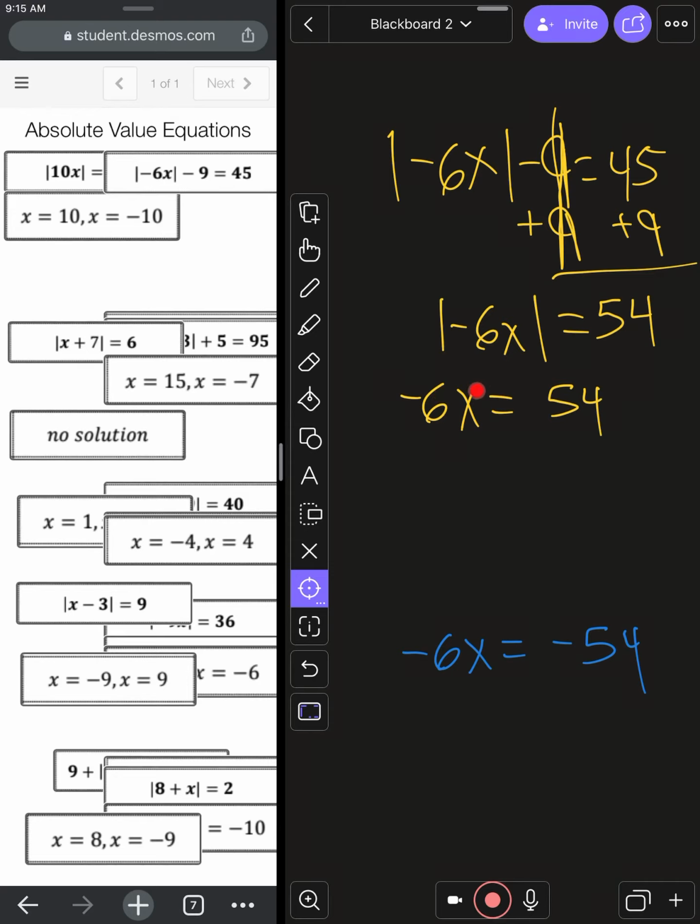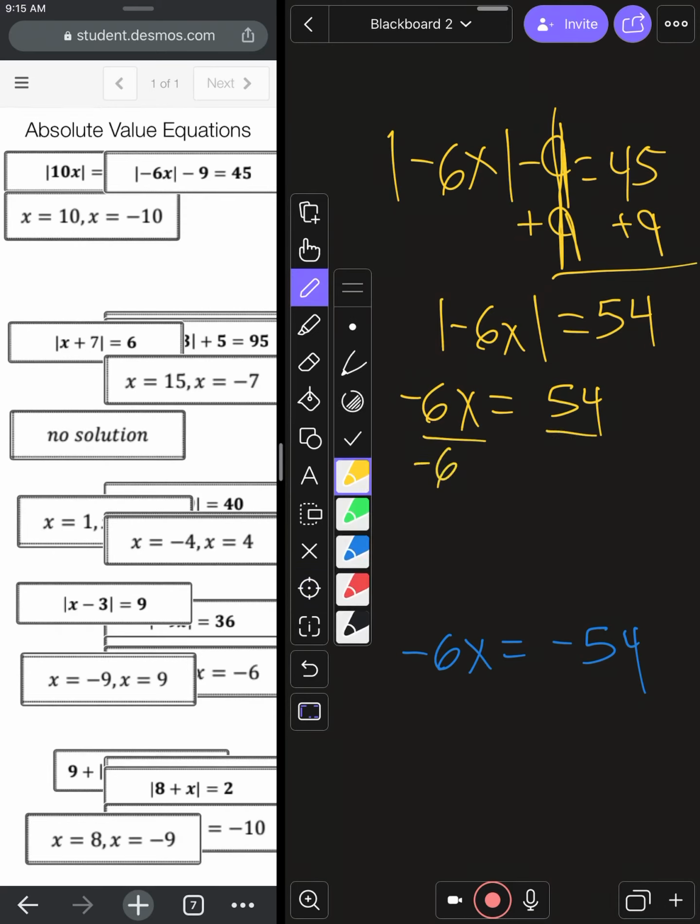So I'm going to start by solving this equation right here. I need to get the x by itself, so I need to get rid of this negative 6. I'm multiplying by negative 6, so I have to do the opposite, which is divide by negative 6. So I'm going to divide both sides by negative 6.